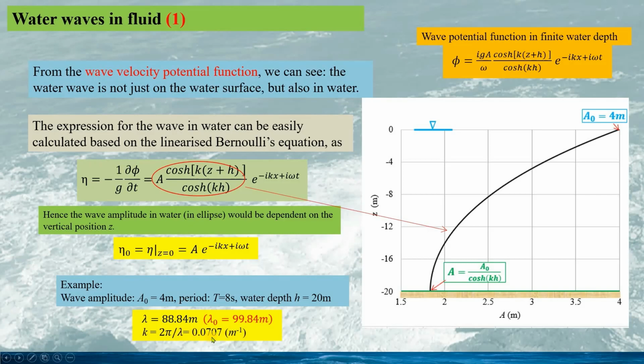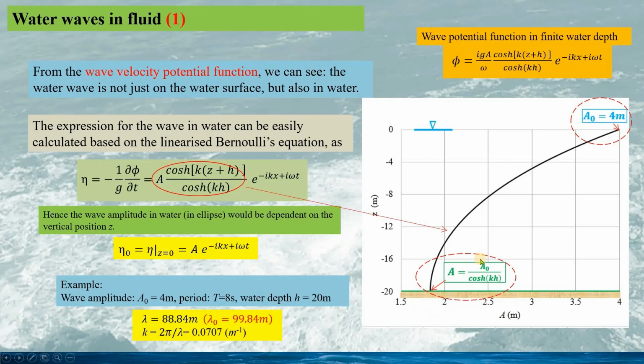It's about 0.07. And based on this, we can calculate the wave amplitude in water. See this plot. From this figure, we can see the wave amplitude on the water surface is 4 meters, and the wave amplitude decreases with the increase of the vertical position in water.